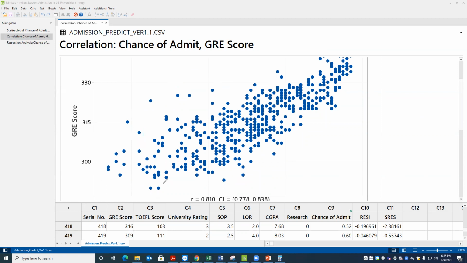Now, what is the method, the ordinary least square? Basically, we try to make the best fit line that will have minimum distance from all of them. This best fit line reduces the distance from each point.